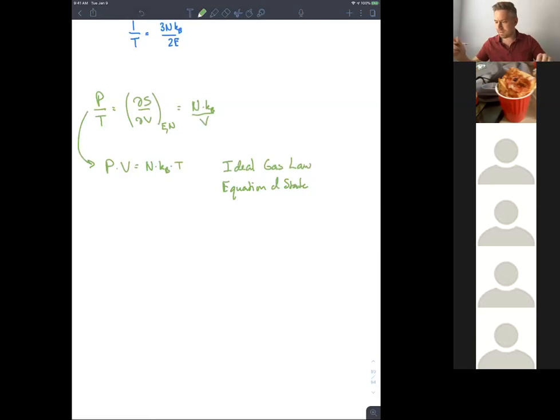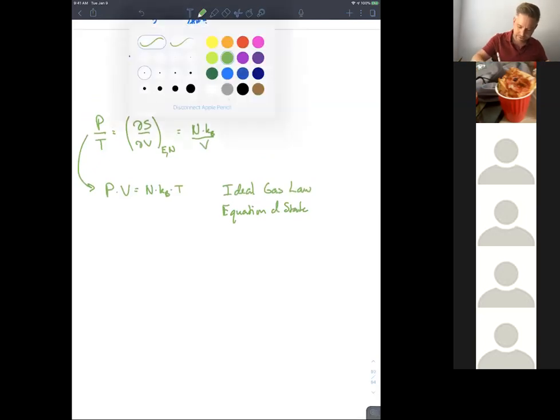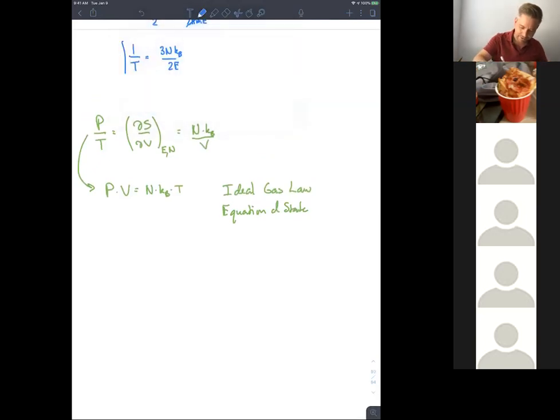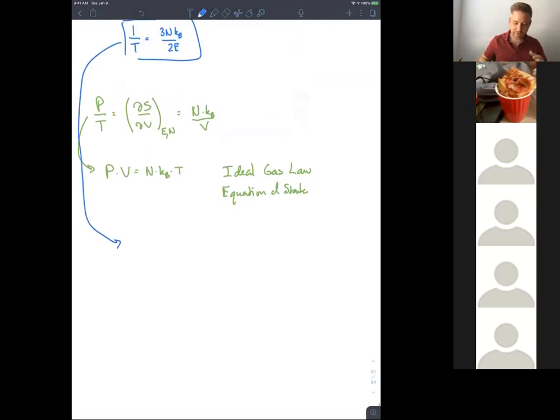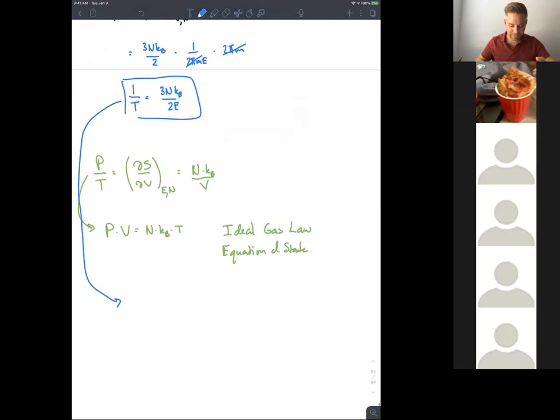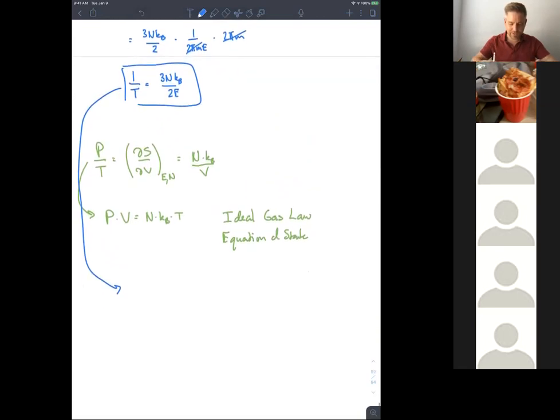All right, now, is there something else I want to do? Yes, let's go back. Let's look at this thing a little bit further. All right, so when we took the derivative with respect to energy, we got this relationship. 1 over the temperature is 3Nk over 2E.